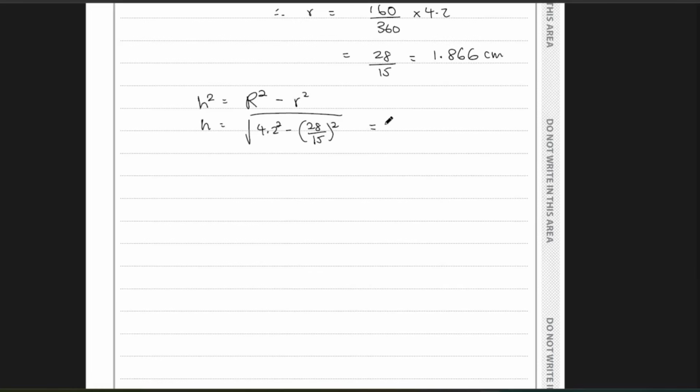And this gives us 3.762 centimeters to 4 significant figures. That's the height. Now we have everything to calculate the volume. The volume of the cone is equal to 1 over 3 pi r squared h.